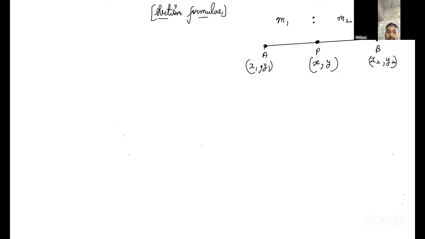Okay, we'll do one question also. Everyone, please pay attention. Now, to find the value of x, it becomes (m1 x2 plus m2 x1) upon (m1 plus m2). I'll repeat it again.